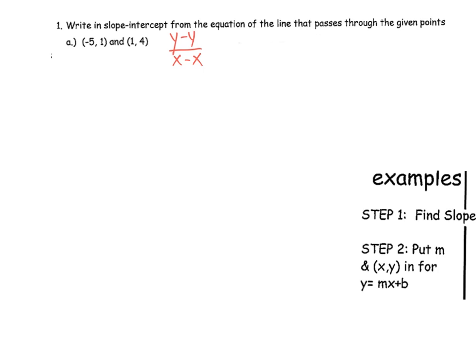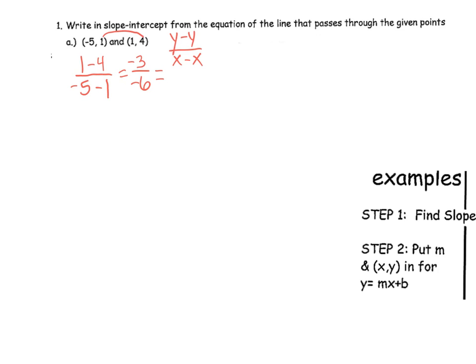So subtract the y's. So it'd be 1 minus 4. That's on top. 1 minus 4. And then what's on the bottom? -5, good, you went the same order. -5 minus 1.